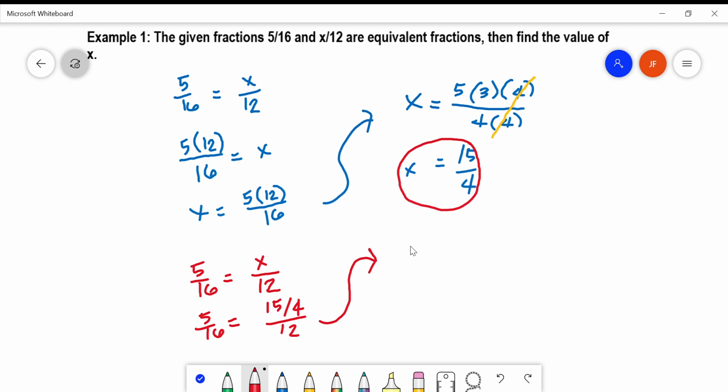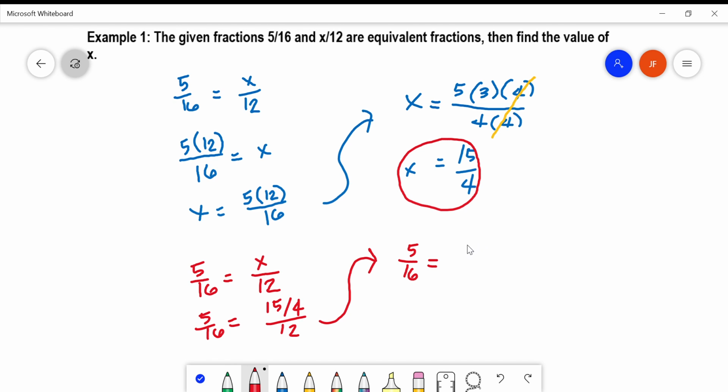Okay, so 5 over 16 on the left side of the equation. So we are going to apply the rules in dividing fractions. Okay, so in dividing fractions, we are going to apply the flip and multiply.